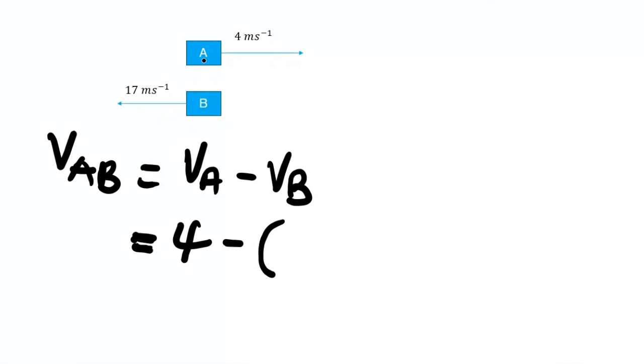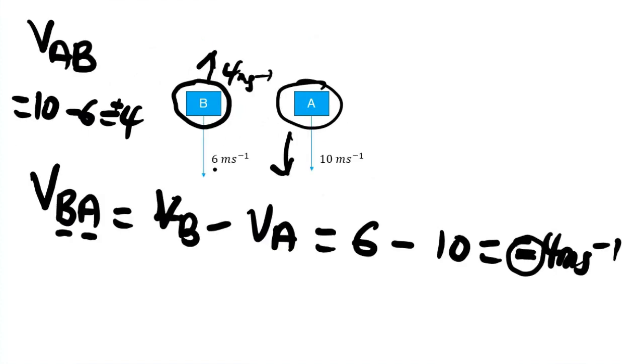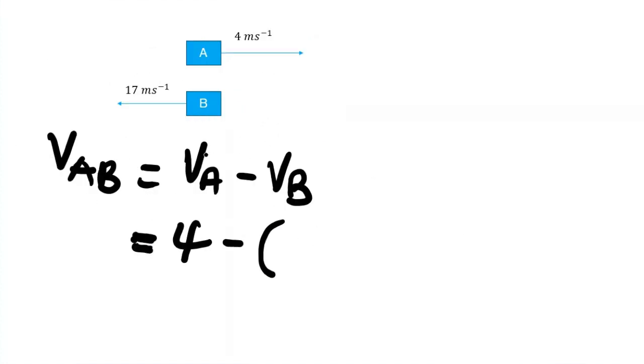You get that? In the previous examples, they were all moving in the same direction, so whoever we take, the other one follows the same direction. But when you come here, we are doing the velocity of A relative to B. So the velocity of A itself will be positive, which is 4, minus the other one, the observer, which has an arrow in the opposite direction.